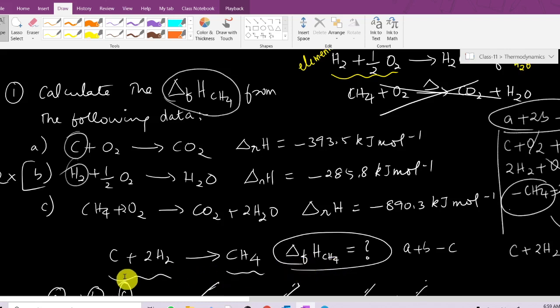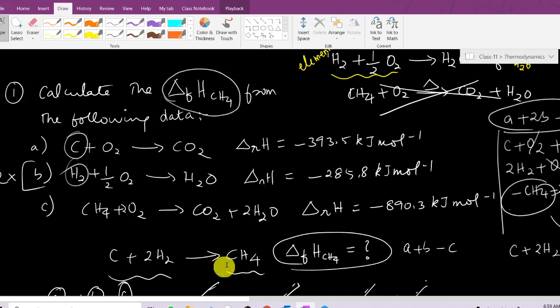For the formation of methane, what is the enthalpy of formation? The definition tells us methane must form from the elements in this reaction; if it comes from any other reaction, we don't call that the formation of methane. So how do you define enthalpy of formation? Enthalpy of formation is defined as C plus 2H2 gives CH4.